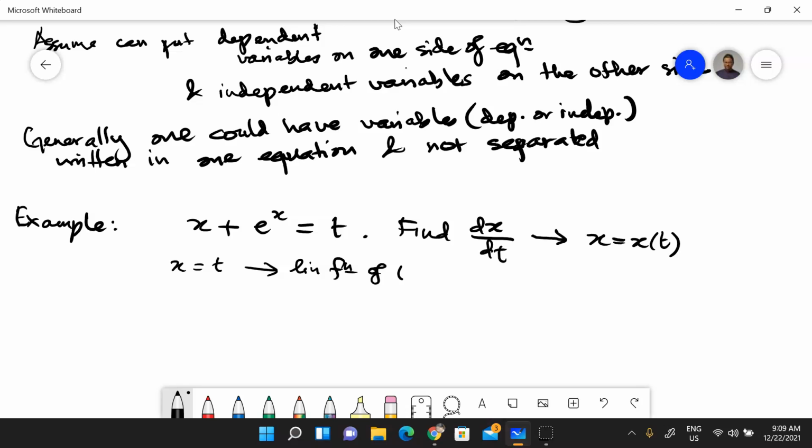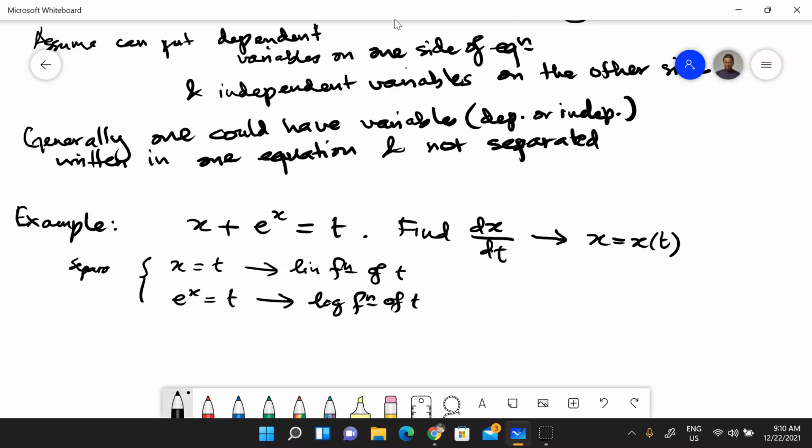Then if I write e to the x equals t, then I can say that x is a logarithmic function of t, if I separate it out.